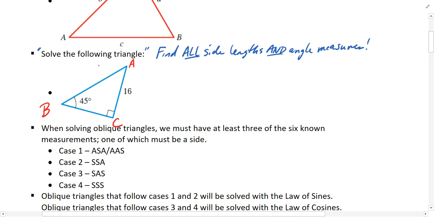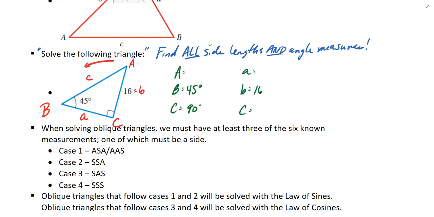And then we can identify side lengths fairly easily as well. Side length a is across from angle A, side length b is across from angle B, and side length c is across from angle C. Now, 3 of the components out of 6 are going to be supplied to us.